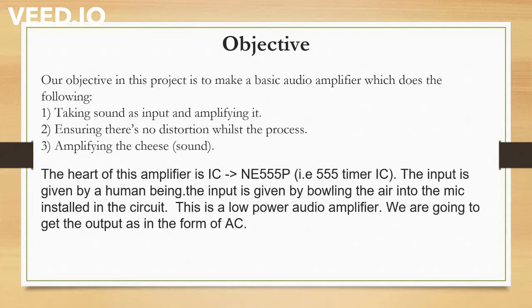Our basic objective is to make a basic audio amplifier which does the following. Firstly, it should take sound as input and amplify it. Secondly, ensure that there is no distortion in the process. Third is amplifying the basic sound.